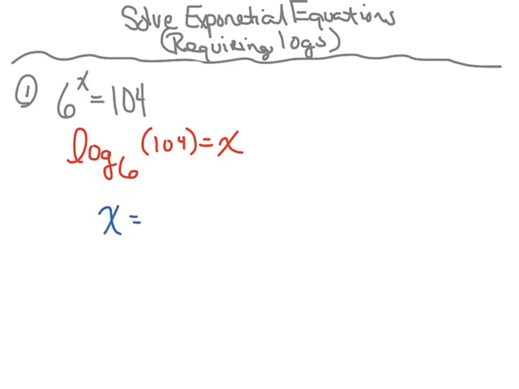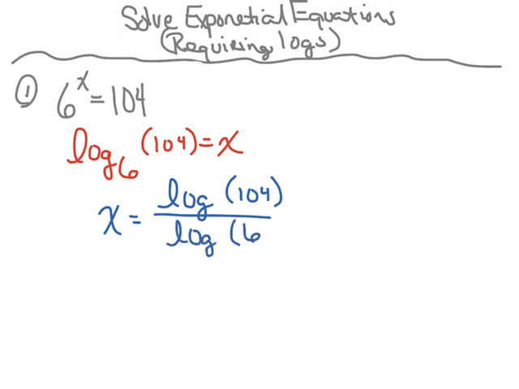And that change of base property says log base 6 of 104 is equal to the log of 104 divided by the log of 6. So what we'll do is we'll enter this into our calculator. The log of 104 divided by the log of 6 turns out to be 2.59.